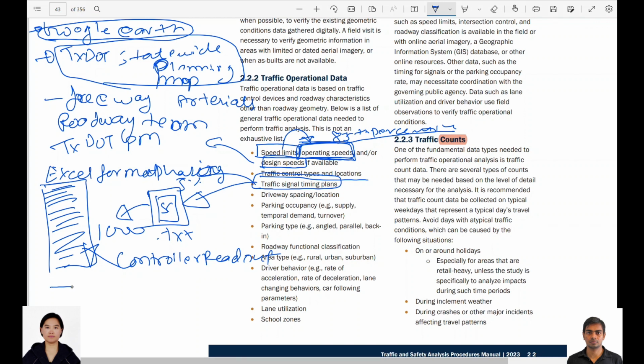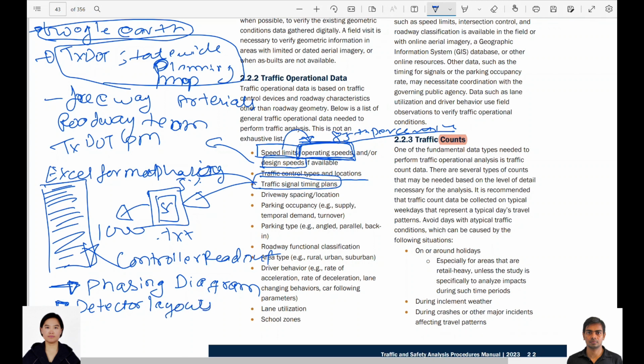The two pieces of information that are missing from the readouts are the phasing diagram, which we typically estimate based on our experience and knowledge about typical controllers, and another important piece of information that we do not get, the detector layouts, or even the assignments.